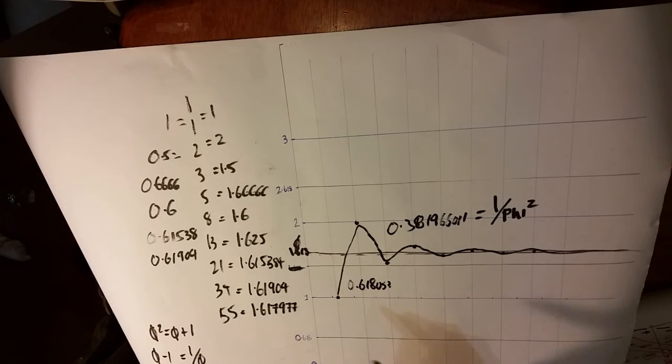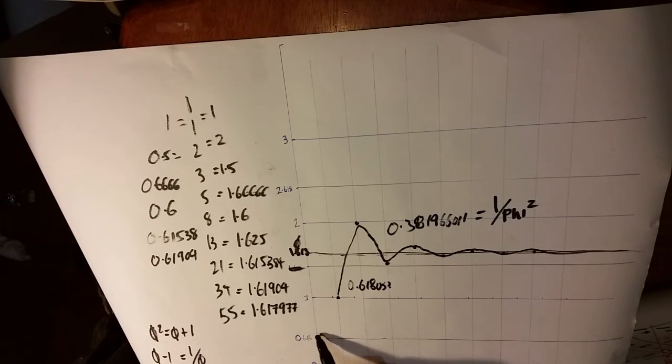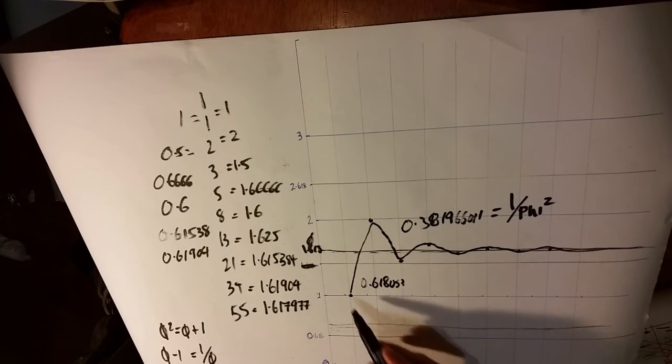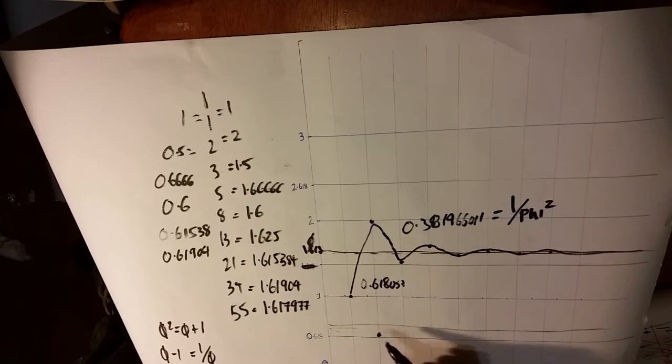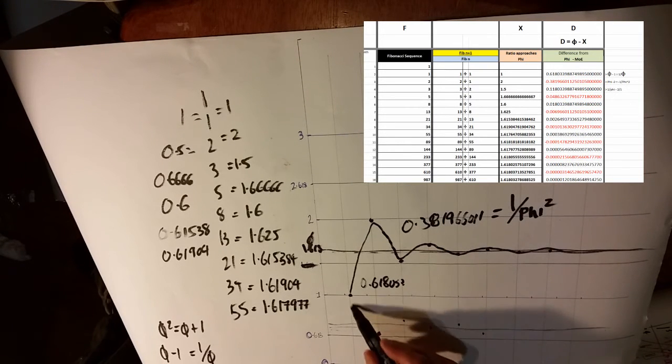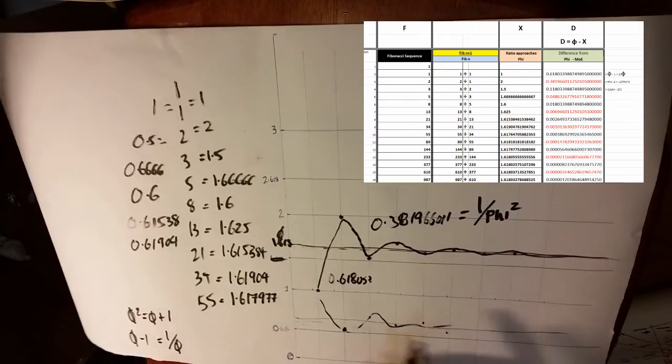We begin with 1, and then we have 0.5. Again, I've drawn this phi a little bit too low, it would be somewhere around there. Then 0.66, and you'll get this same phi wave pattern.